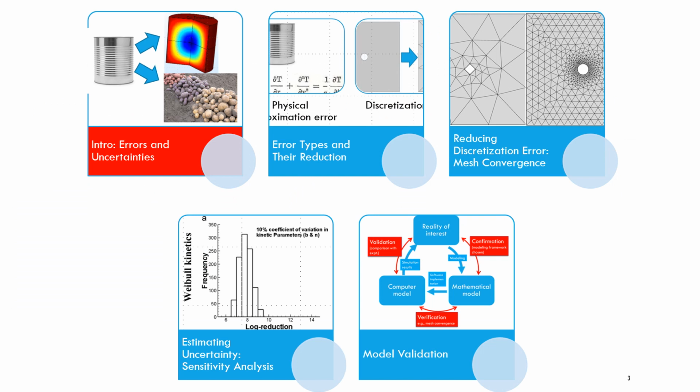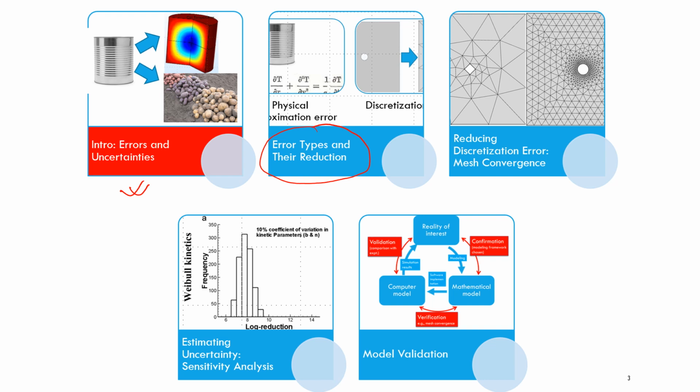So this is the first and just the introductory video of the 5 in this series. Here we simply introduce errors and uncertainties. That's all we'll do. The following video will talk about different types of errors and how we can reduce some of them.